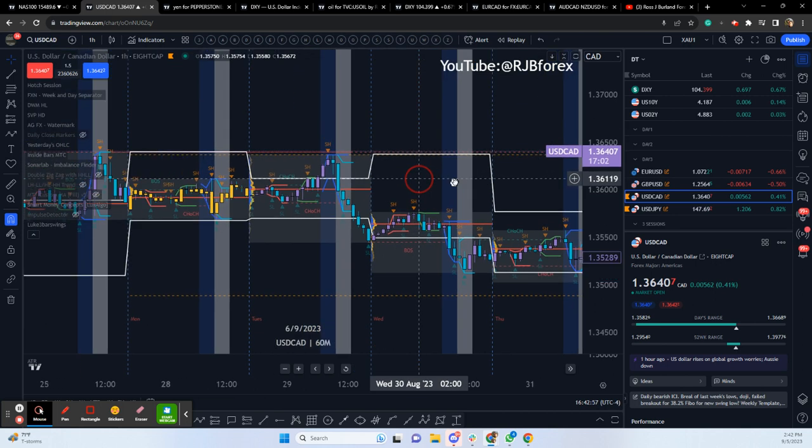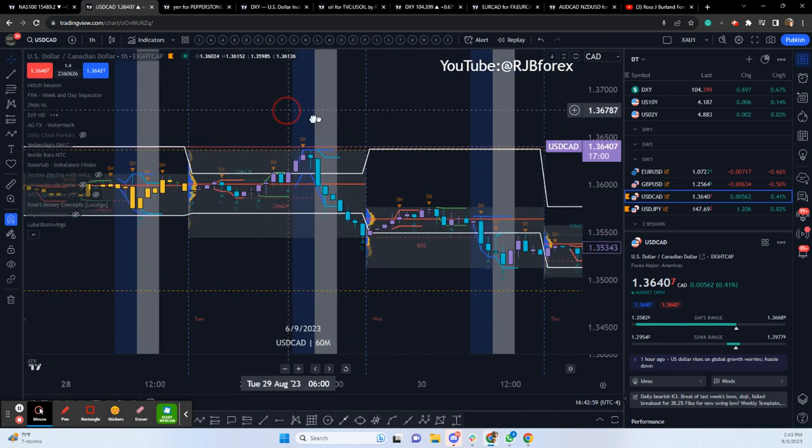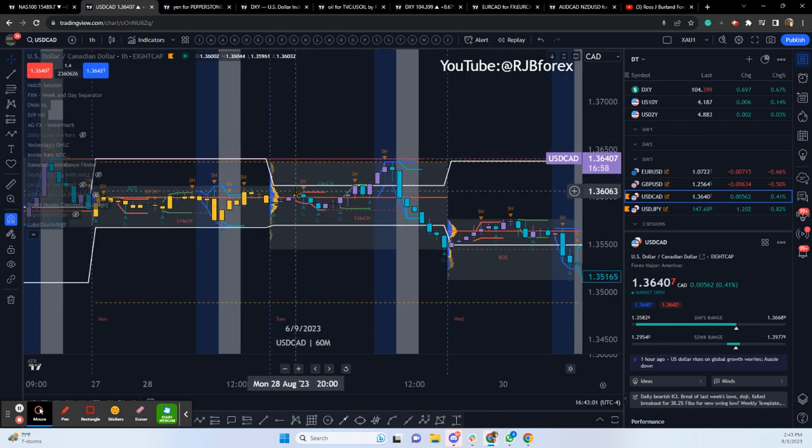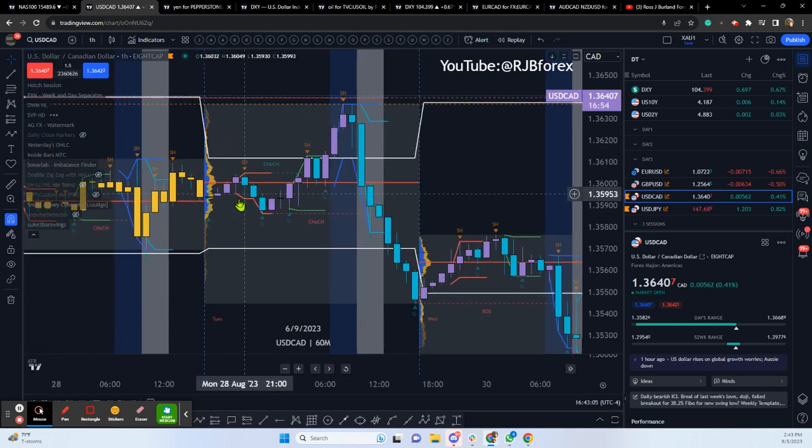Here's a three session setup again. So we've got 3 levels of rise, based on the Asian session, the London session, and that gap time. We've got 3 levels from bottom to top.